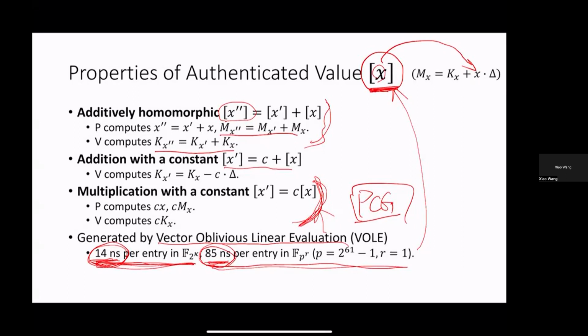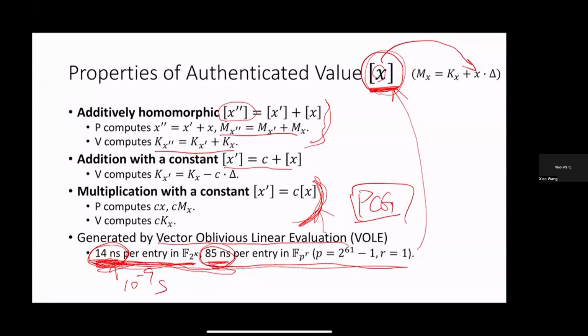So all you need to know is that this type of authentication can be generated very, very efficiently. We measure the efficiency in nanoseconds, like 2 to the minus 9 seconds. So we are working with very efficient building blocks.